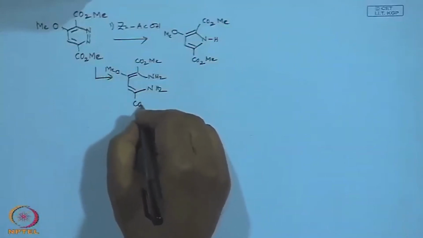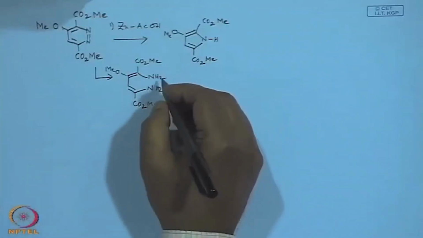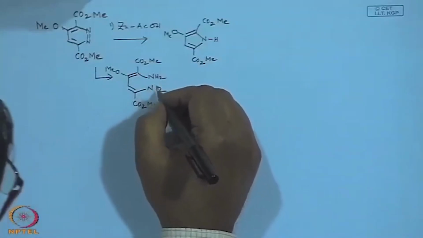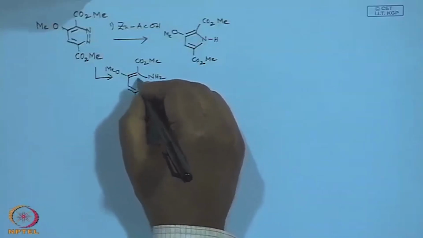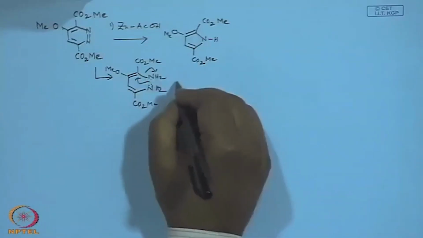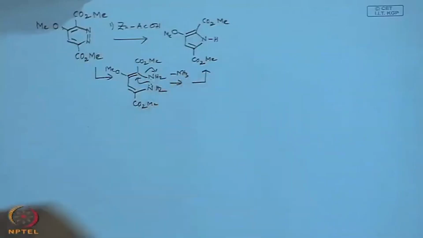Then you have these esters here, and then you can guess. You can either use this one or this nitrogen simply in the presence of acetic acid, the ammonia comes out, and what you get is this product, that is it. Okay.